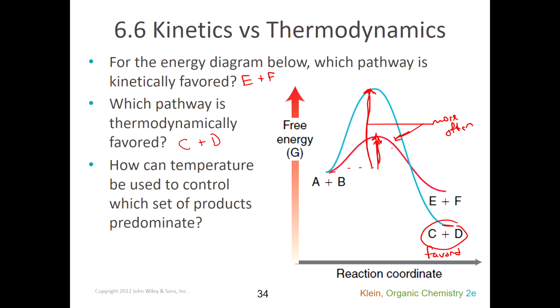So this is useful because this is a situation where temperature can be used to control which set of products I get. And it really should be temperature and time together. Because if I wait indefinitely, if I don't factor in time and I just wait forever, no matter what, eventually this is going to reach equilibrium and I'm going to have more of C and D no matter what temperature I use, because C and D are favored and lower in free energy.